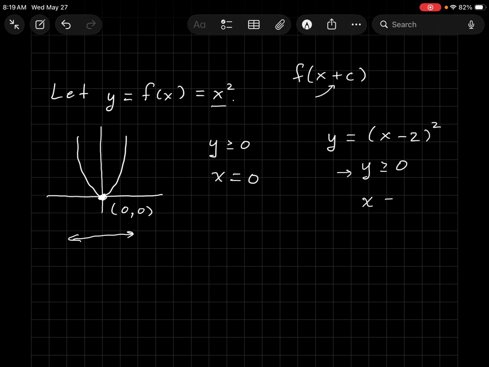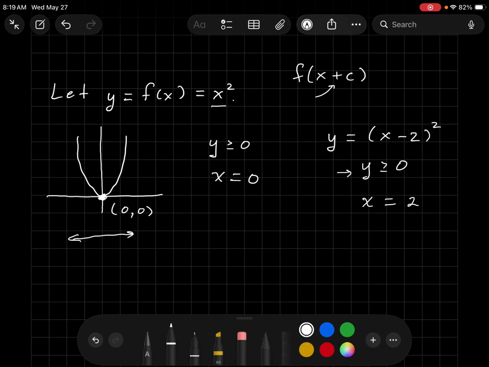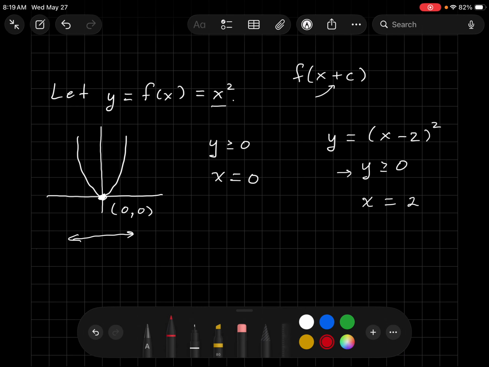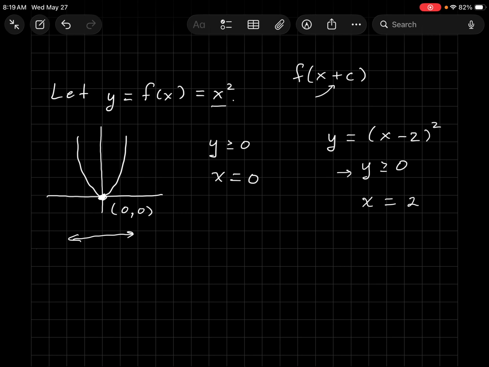We can do a lot of work, but I think we can see just by looking that this will occur when x equals 2. So the only thing that happened in our graph was a movement 2 spaces to the right, because that's what this is saying. Nothing else changed except I get my new lowest value of y when x equals 2. So when we had x minus 2 in parentheses, we shifted to the right 2 spaces.